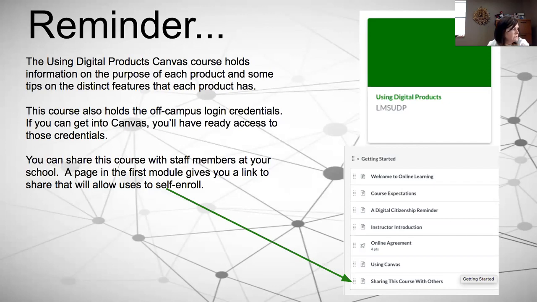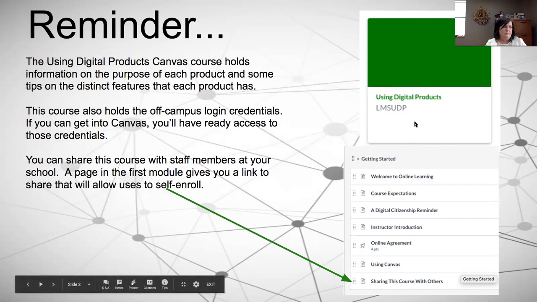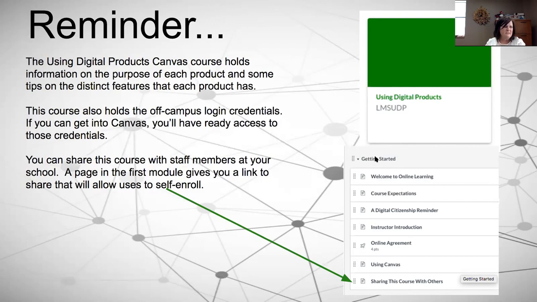You can also promote the idea that your staff members can join this Canvas course as well. In the top module, when you open up the course, you'll see something that says Getting Started. This is from a couple of years ago when I created this course; these were required elements for any online Canvas course.